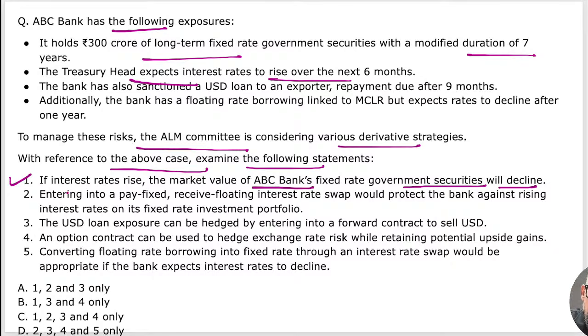Entering into a pay fixed, receive floating interest rate swap would protect the bank against rising interest rates on the fixed rate investment portfolio. No, they should not, because they are already paying fixed. It should be the reverse case: they should enter into a pay floating and receive fixed swap.